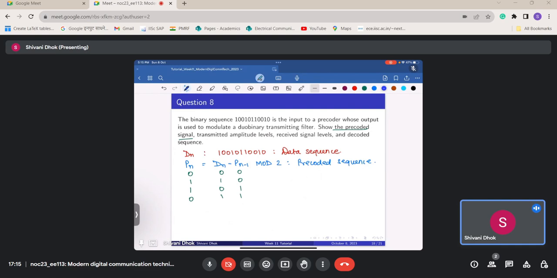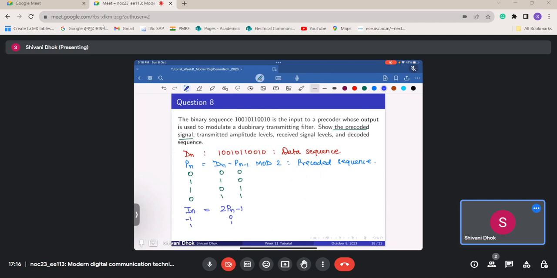Then we need to show your transmitted amplitude levels. And transmitted amplitude levels are In, and these In are given by 2Pn minus 1. Okay, so this is what you will transmit, that is 2Pn minus 1. So if this Pn is 0, then your In will be equal to minus 1, and if your Pn is 1, then your In will be 1.